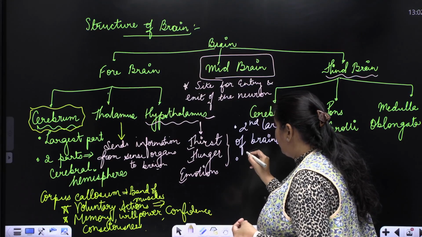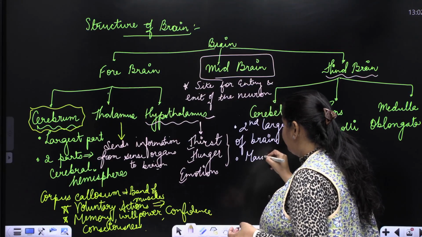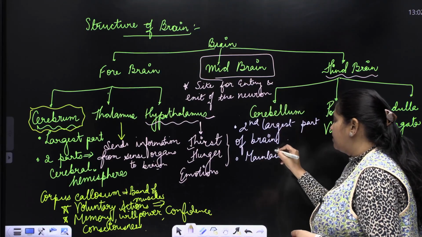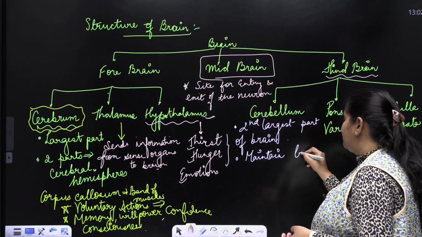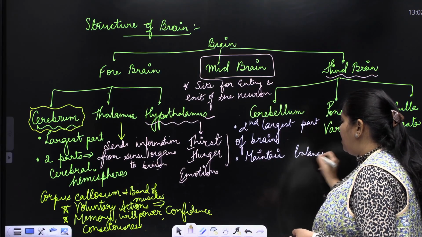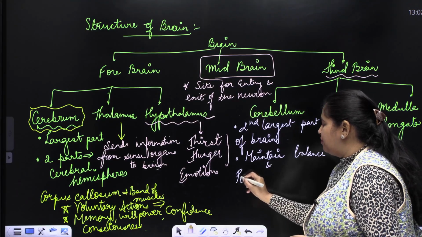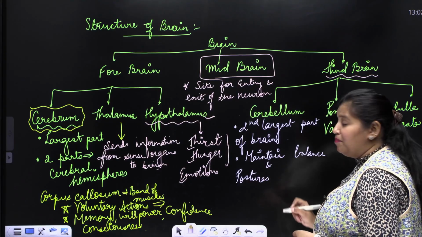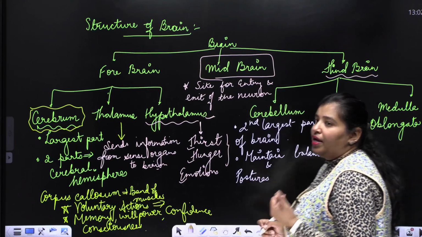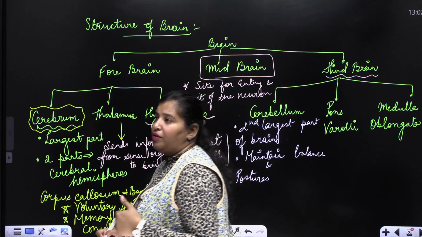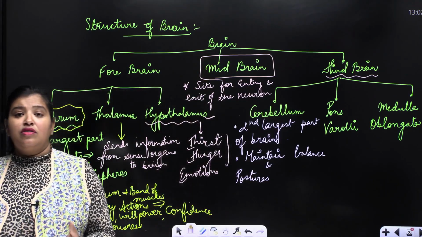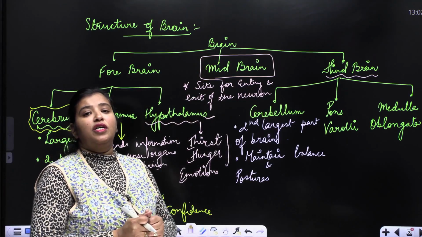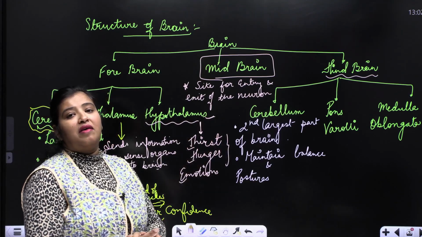The first one, it helps to maintain balance and posture. That is when you are riding a cycle or you are swimming, you're walking, you're sitting. So how you're able to maintain your posture, that is because of this cerebellum.